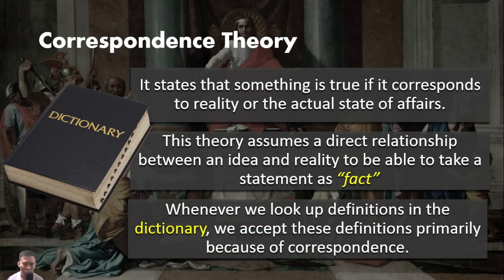So whenever we look up definitions in the dictionary, we accept these definitions primarily because of correspondence. Say for example, for pig, we all know that pig is an animal which is commonly seen in the farm, in the barnyard.